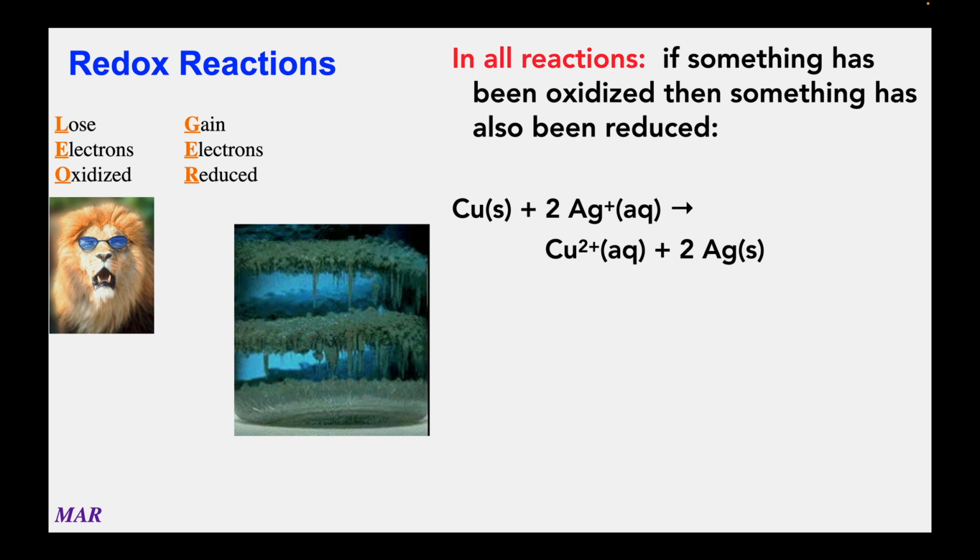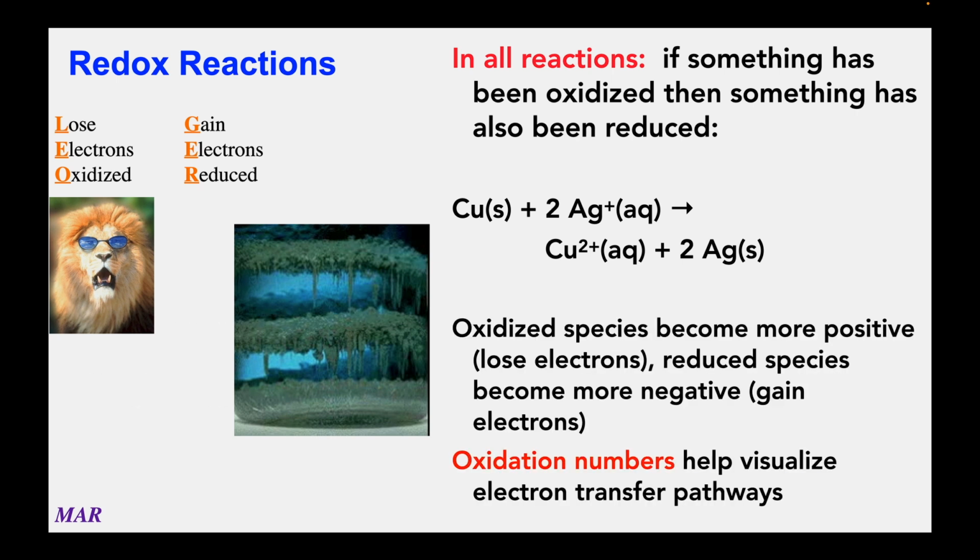So this is an example of a redox reaction. If you have a redox reaction, something is oxidized and something is reduced at the same time. You can't have just one part being oxidized and one being reduced. They have to be done at the same time. Oxidized species become more positive. So copper going to copper 2+ means that the copper metal, copper as a solid, has lost 2 electrons.